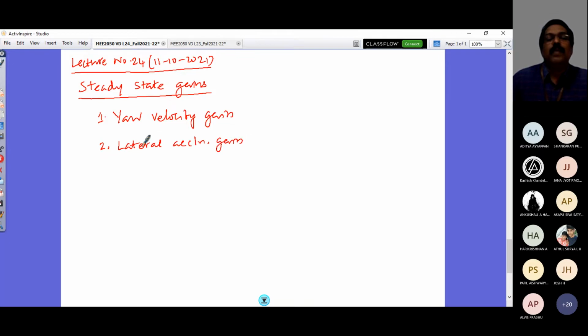Let me ask, what happened to lateral velocity gain? Instead of lateral velocity, lateral acceleration has always been an important parameter for the vehicle handling aspect. Of course, you get your lateral velocity gain when you substitute s tends to 0 in its transfer function. But for physical insight, we'll look at lateral acceleration gain in today's class. And then the third one is curvature gain.